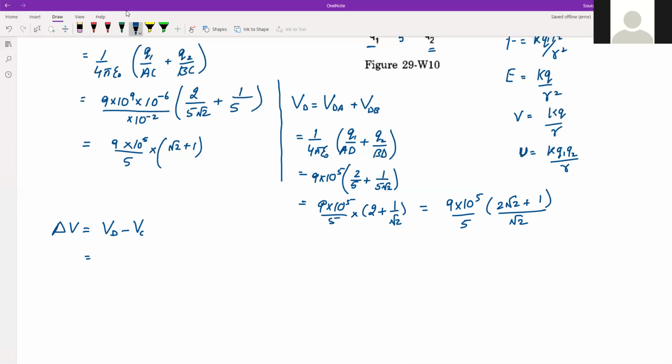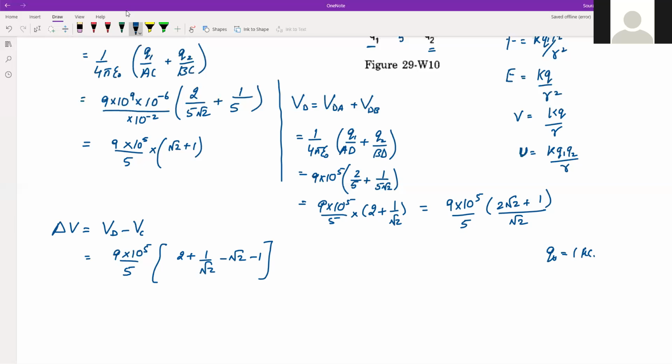So in that we have this 9 into 10 to the power 5 divided by 5 common. Inside we have, I can write it directly, 2 by 1 root 2 minus root 2 minus 1. This is delta V. And what do we have to find? The work done in moving a charge. The test charge is equal to 1 microcoulomb.